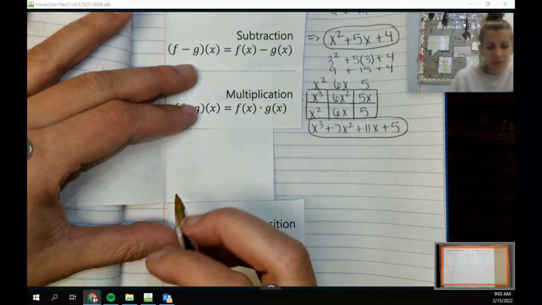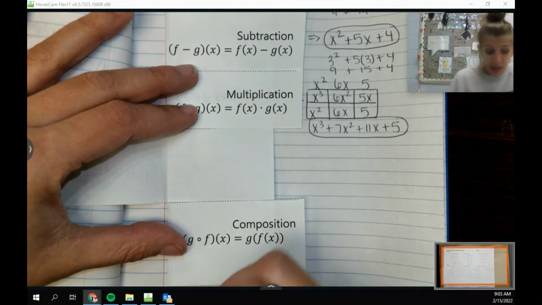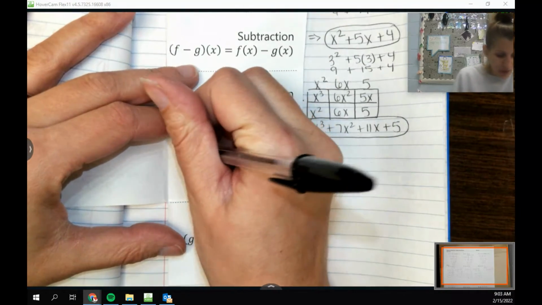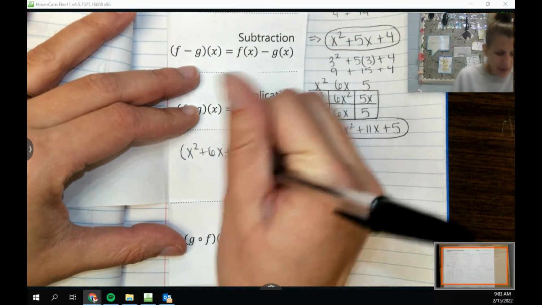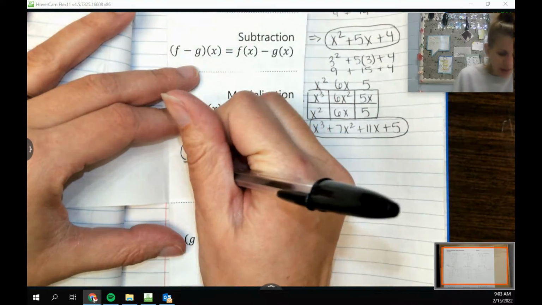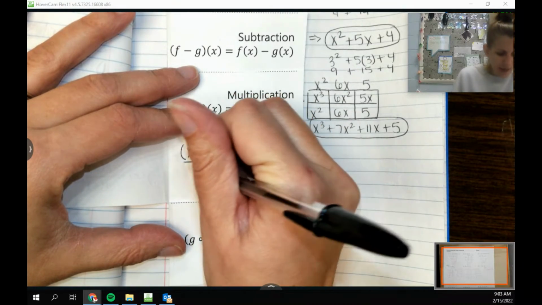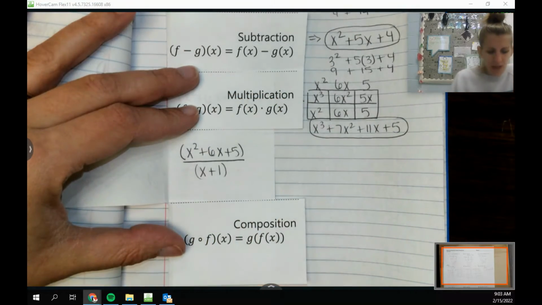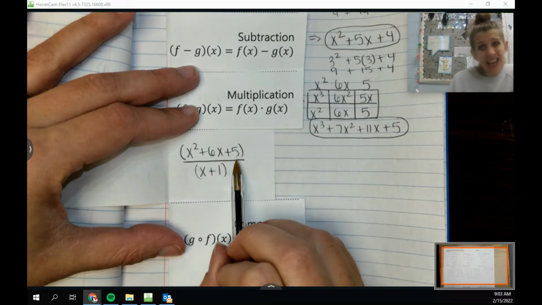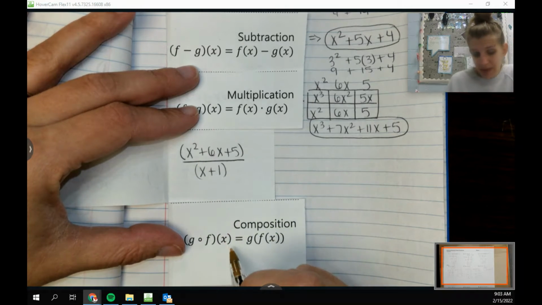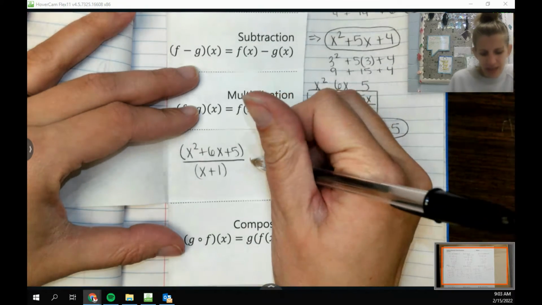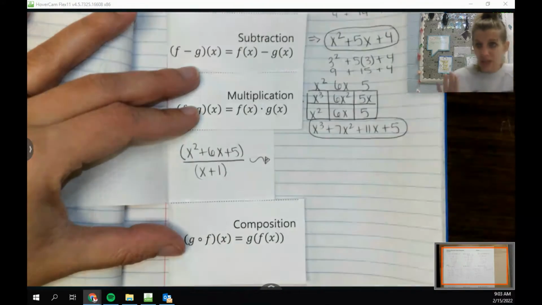So if we're going to write f of x divided by g of x, we have our f of x function, which is x squared plus 6x plus 5 over x plus 1. And because of all the pluses, I can't really divide anything here. If stuff was being multiplied, I could maybe divide. This is a little bit more than what you need to know right now.